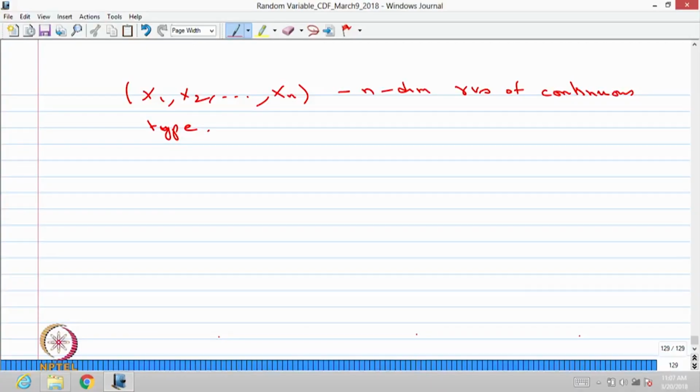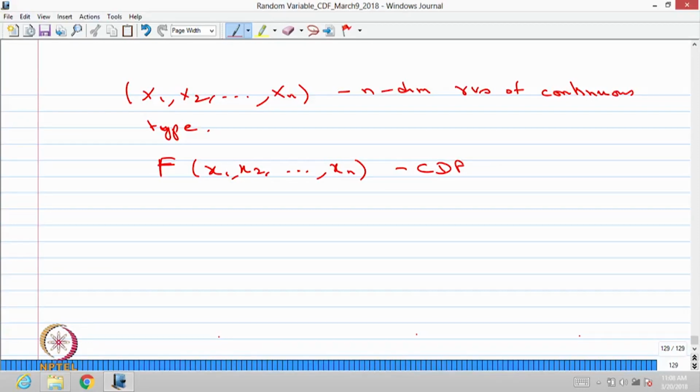Therefore, we get an n-dimensional random variable of the continuous type. That means it has the CDF with the n variables. This is the CDF of the n-dimensional random variable.